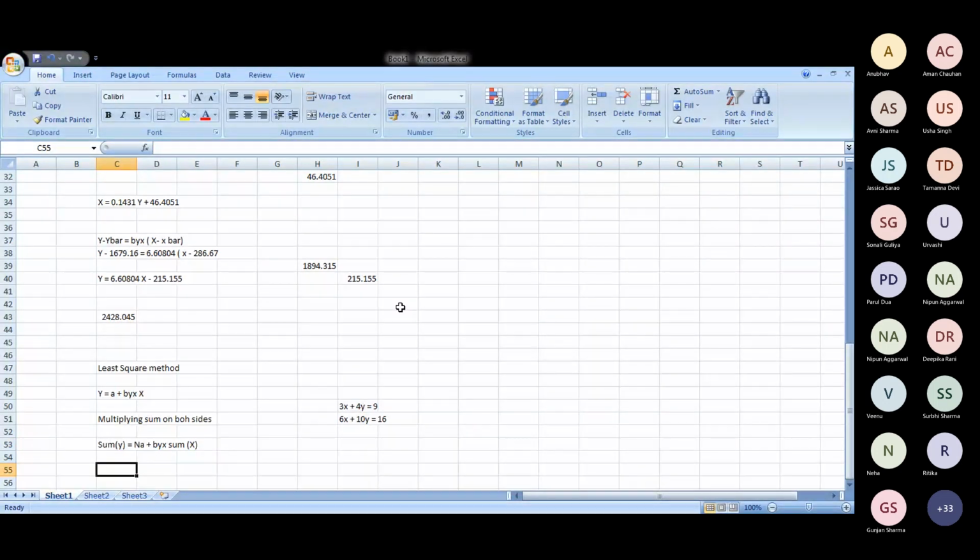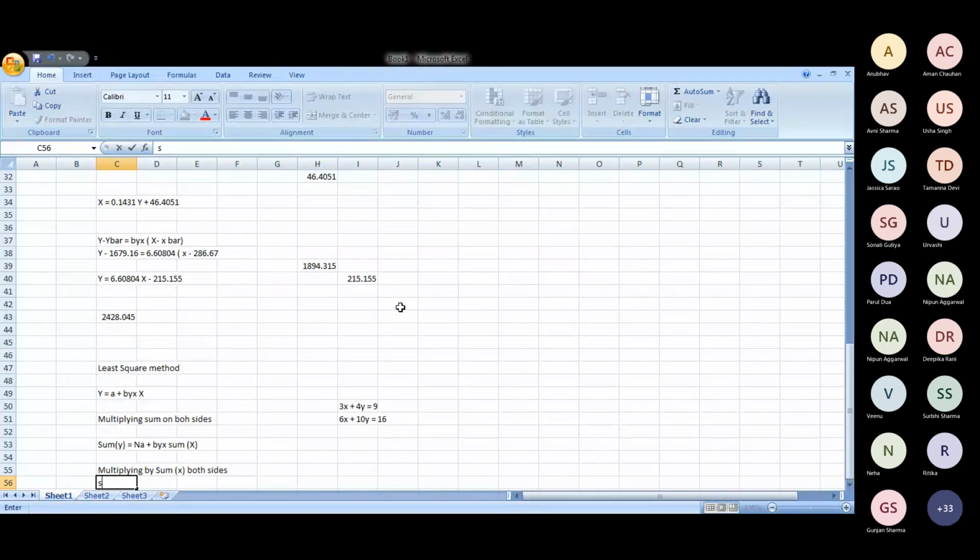Now the second equation can be found by multiplying by summation x on both sides of the initial equation.